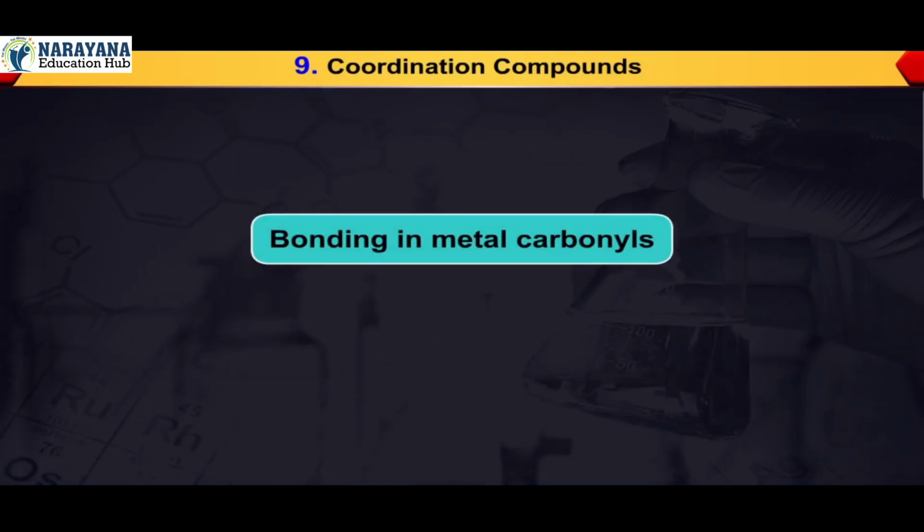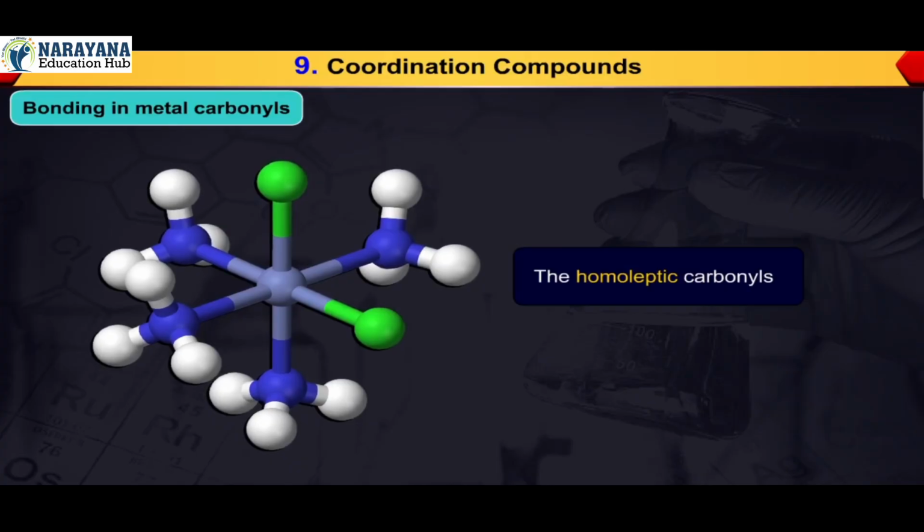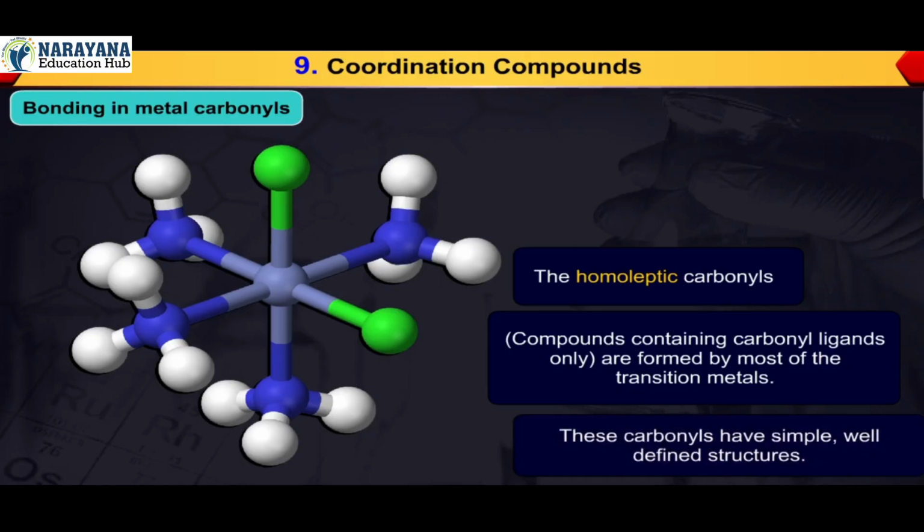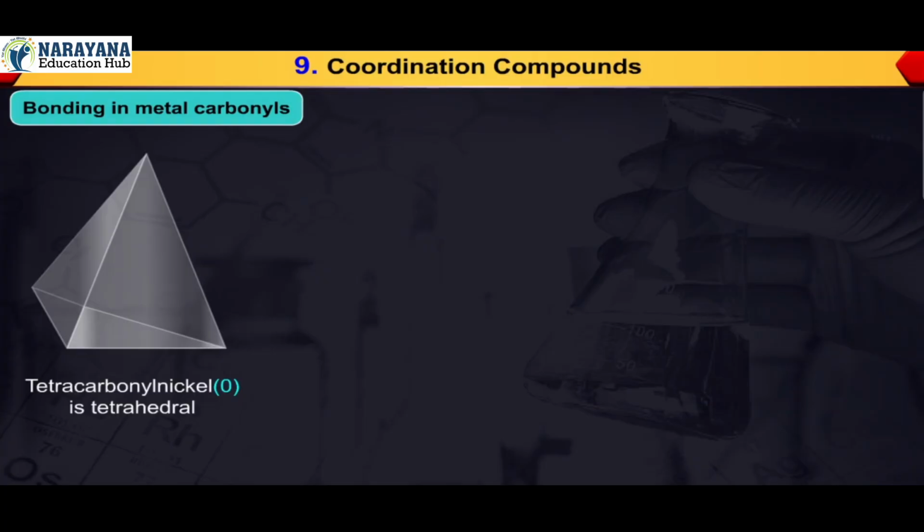Bonding in metal carbonyls. The homoleptic carbonyls, that is, compounds containing carbonyl ligands only, are formed by most of the transition metals. These carbonyls have simple, well-defined structures. Tetracarbonylnickel(0) is tetrahedral.